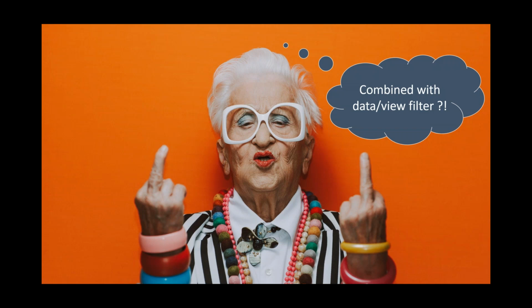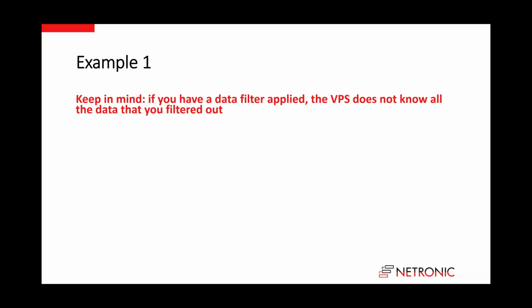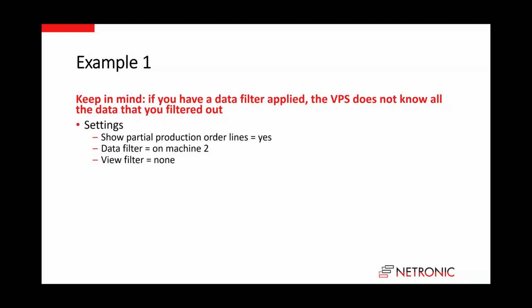So if I combine this feature with the data filter and the view filter, I will give you an example of what we look at. The first example: keep in mind, if you have a data filter applied, the VAPS does not know the data that you filtered out. We have this functionality switched on, so show partial production order lines is yes.